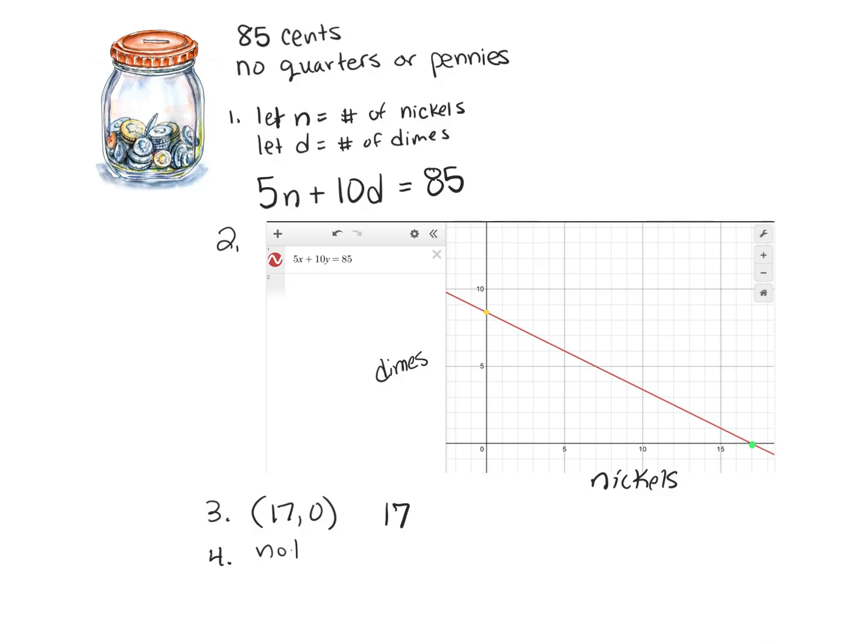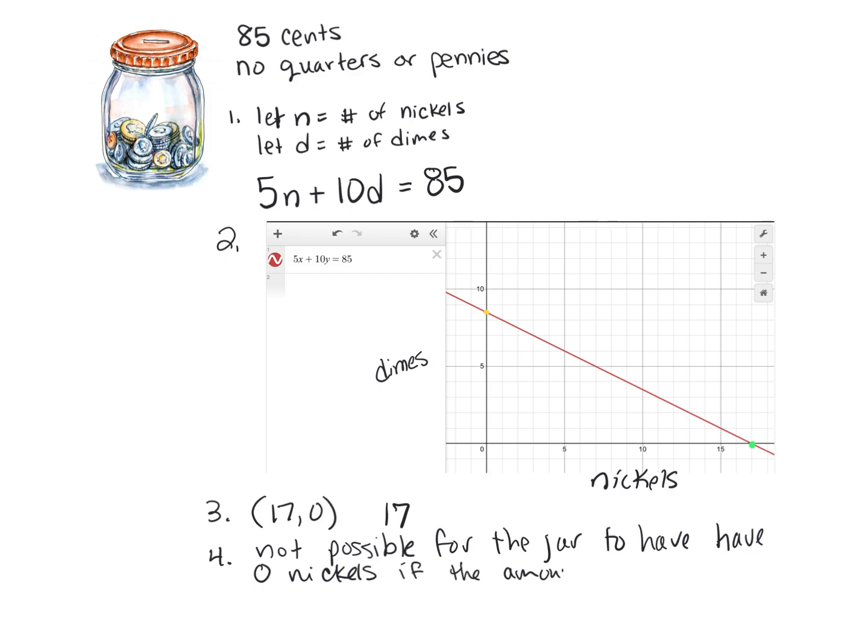It's not possible for the jar to have 0 nickels if the amount is 85 cents.